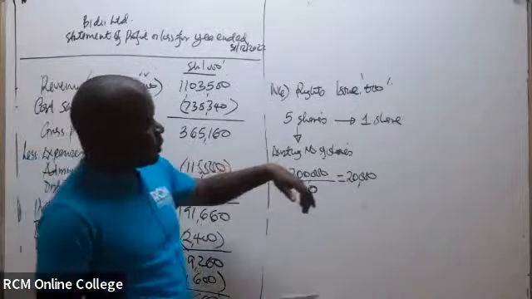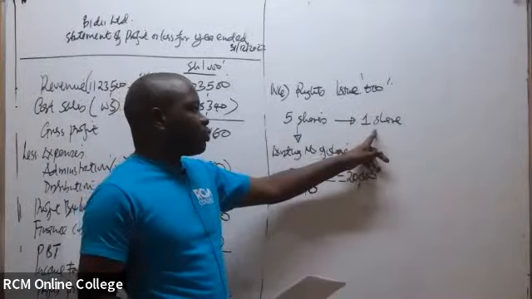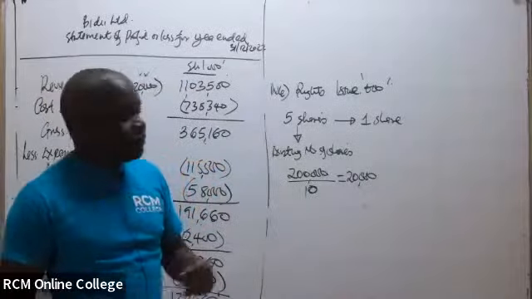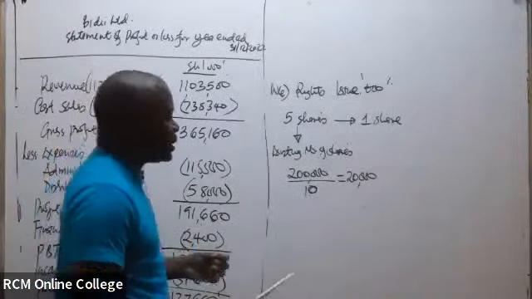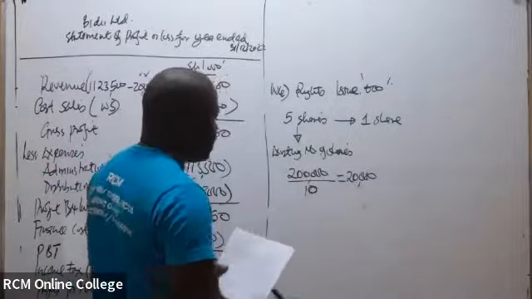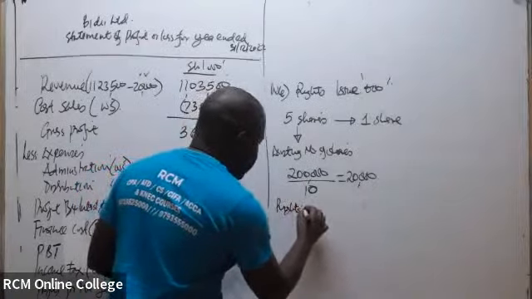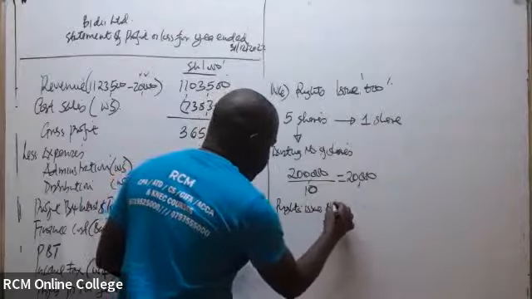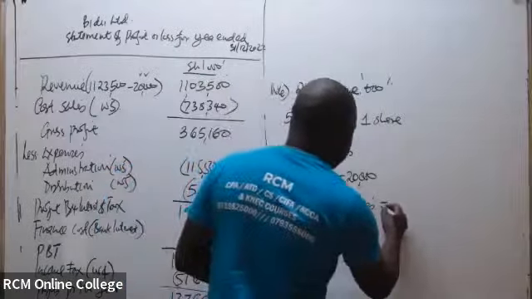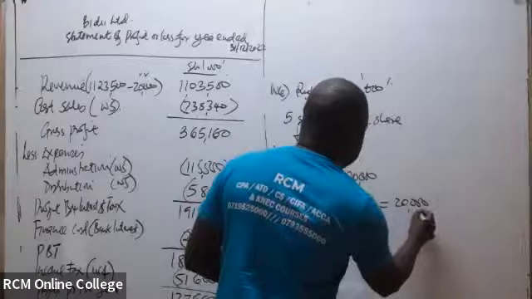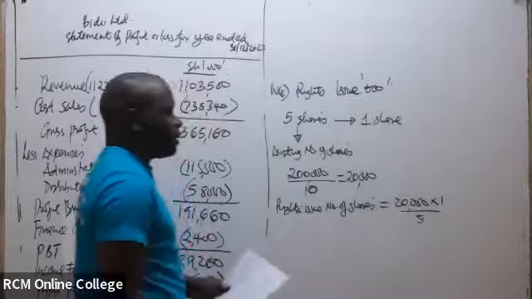So it means they had 20 million shares currently, but for every 5 of these, you are getting what? One share. So for us to know how many shares were issued in terms of the rights issue, we take the number of shares, 20,000, multiply by 1, and divide by 5.